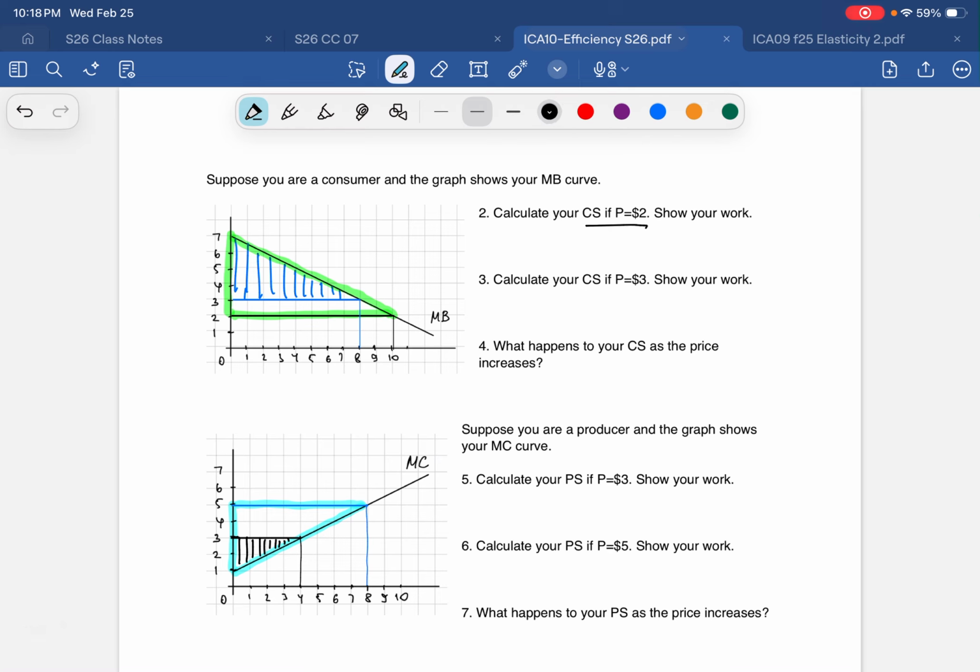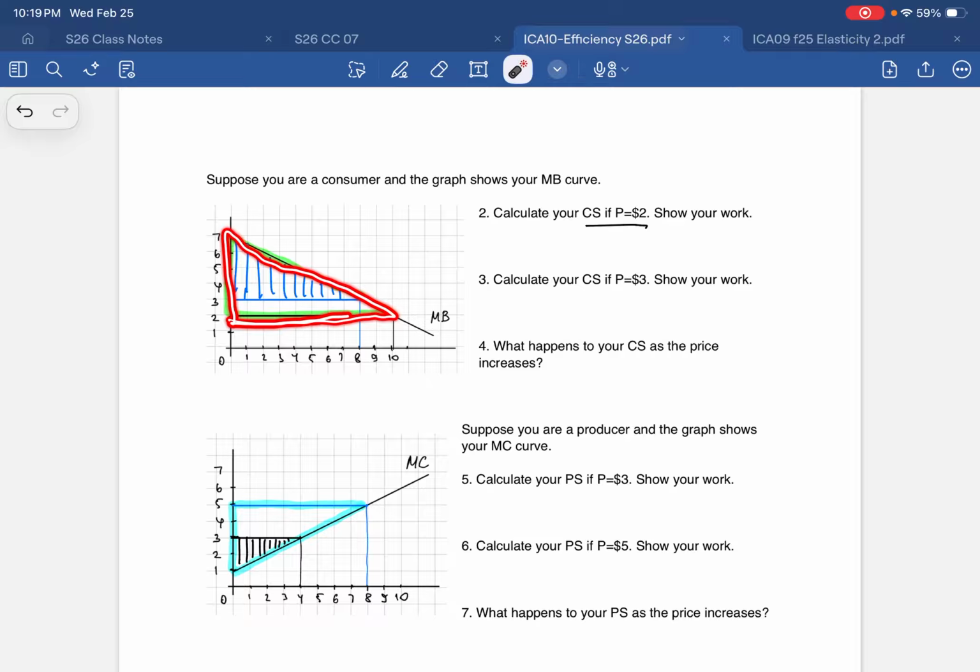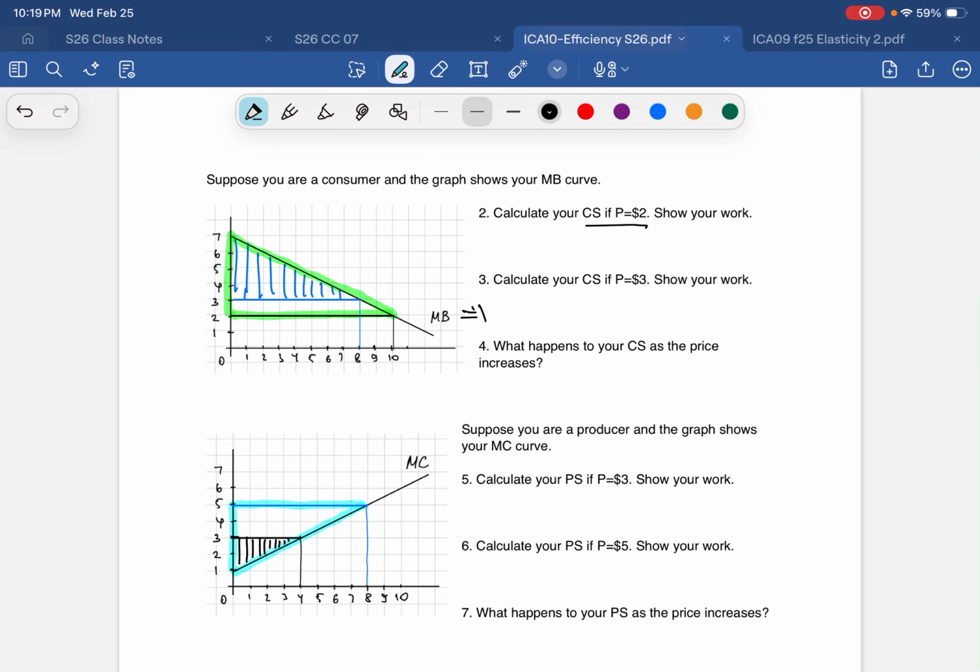So for consumer surplus in this case, if price is $2, then we basically have this price, and then remember consumer surplus is there above the price and below the marginal benefit curve or demand curve, because they are equivalent. And well, you just do your math, right? I hope you know how to do it. So it's height times base.